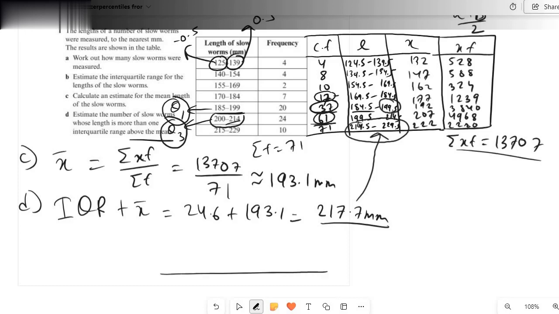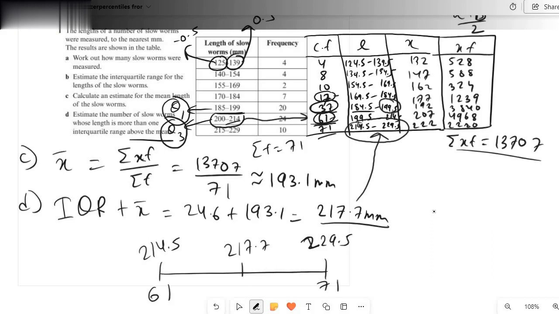Now using the table here, we can say that 217.7 millimeters is within this range of lengths. So using linear interpolation and drawing a straight line, this is going to be 217.7. The end boundary is going to be 214.5. The last one is going to be 229.5. Their corresponding cumulative frequencies were, for 214.5 it was 61, because as you can see this ended with 61, and for the last one this is going to be 71.